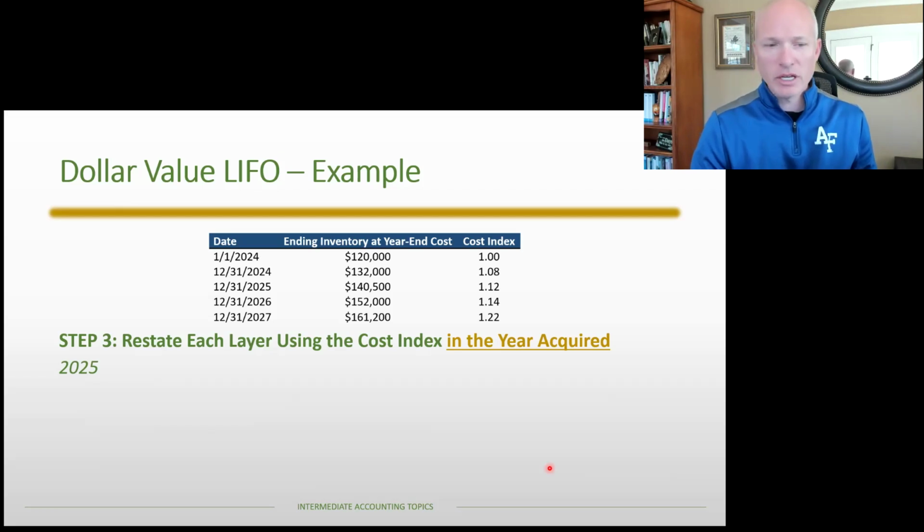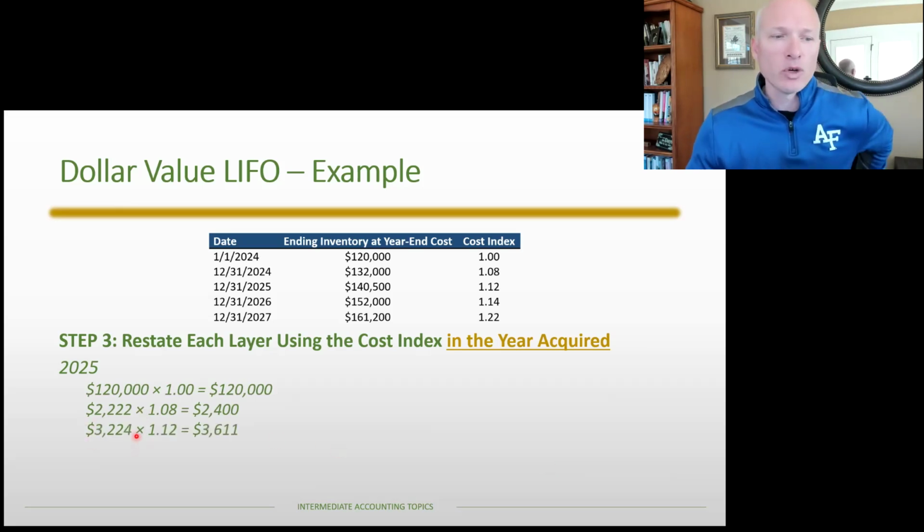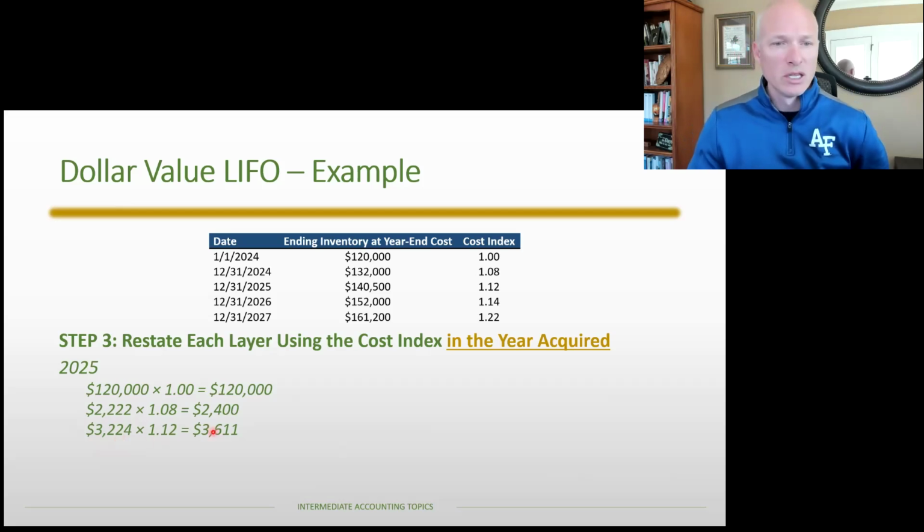All right, let's see how we did. So we still have that base year layer. We still have the 2024 layer. Those things didn't change. And now we're adding our 2025 layer. At base year cost, the 2025 layer was $3,224. The cost index is 1.12.